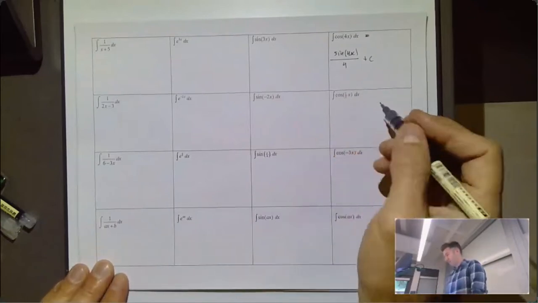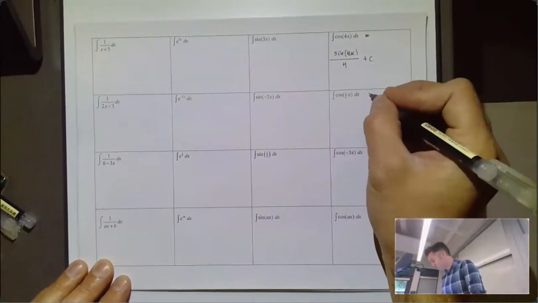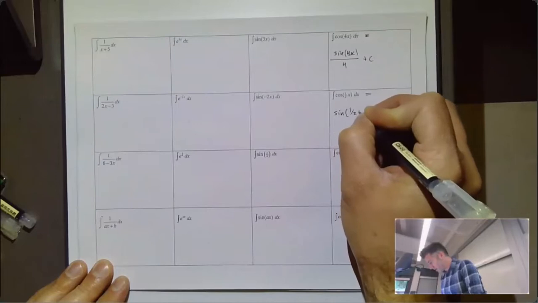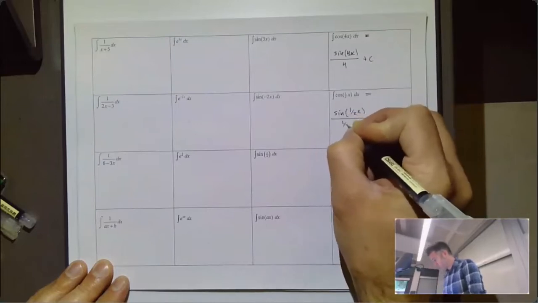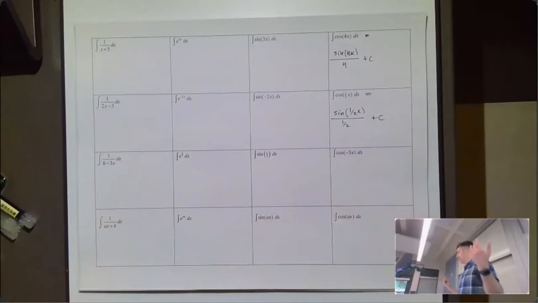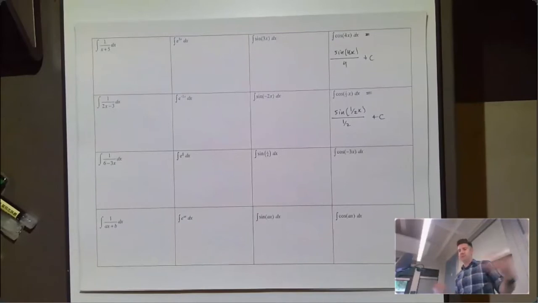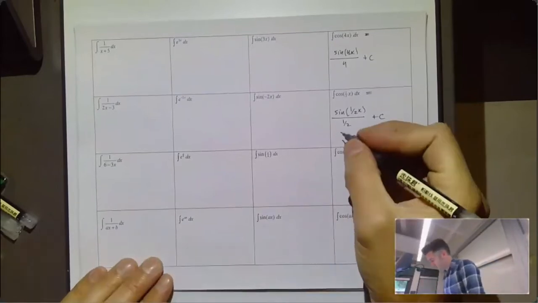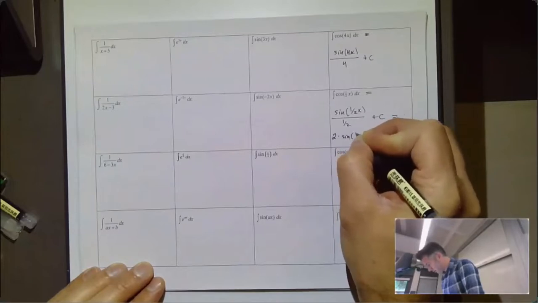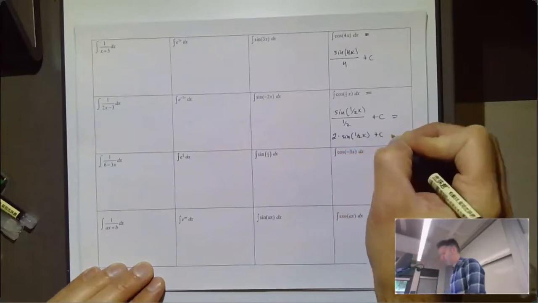The antiderivative of cosine of 1/2 x is going to be sine of 1/2 x divided by 1/2 plus c. Now, I think we can agree we shouldn't leave it like that. Dividing by 1/2, terrible. We should write it as times 2. That's 2 times sine of 1/2 x plus c.